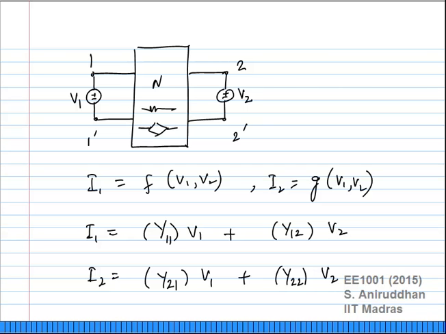So what kind of methodology am I following for the subscript? Take this particular quantity Y21. What does the 2 represent? What does the 1 represent? 2 represents the port in which you are measuring the current. 1 represents the port in which you are applying the voltage.